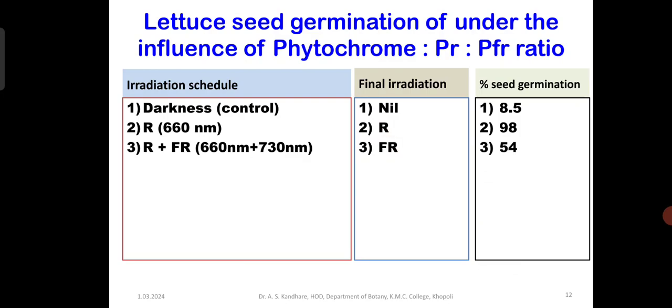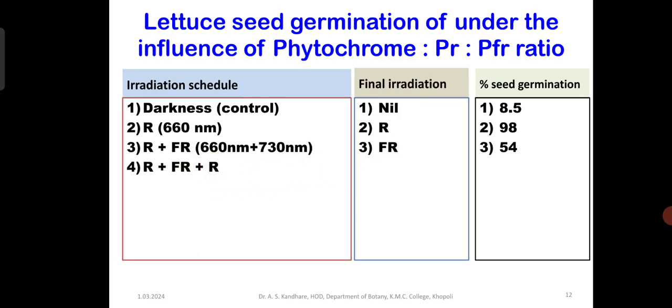So now you can see here the seed germination is reduced greatly, it dropped down to 54. So this indicates that red is very necessary for seed germination. After that we give far red, and the final irradiation is far red, so seed germination dropped. So again you can see red is followed by far red and again far red is followed by red.